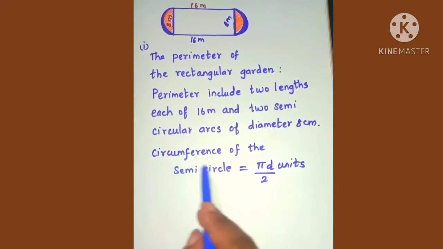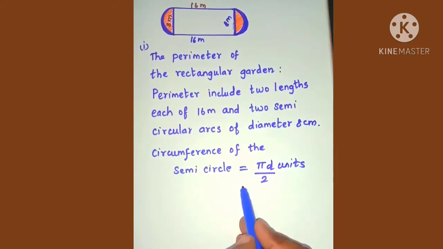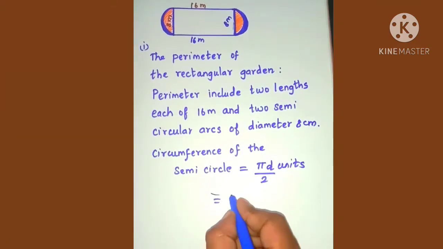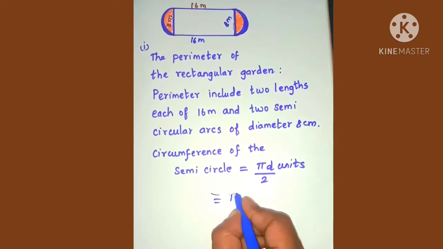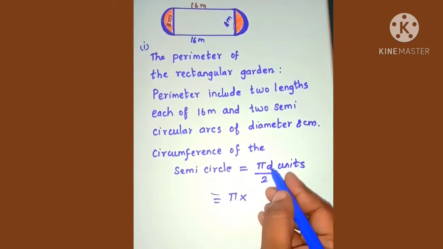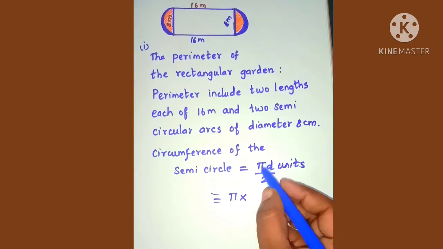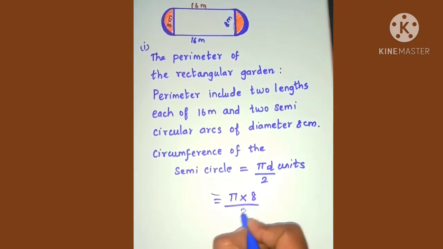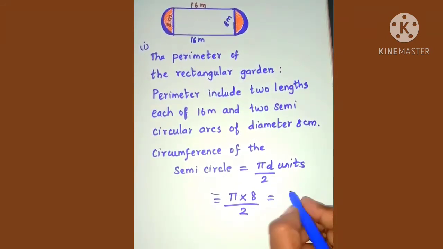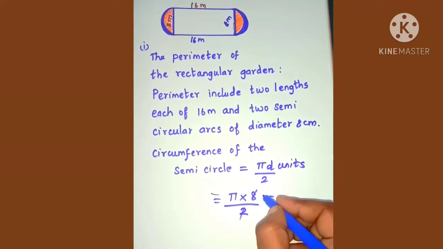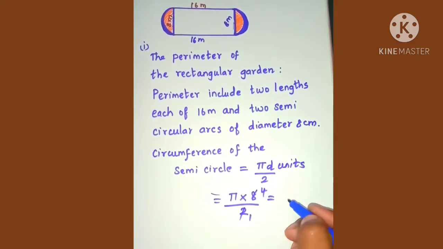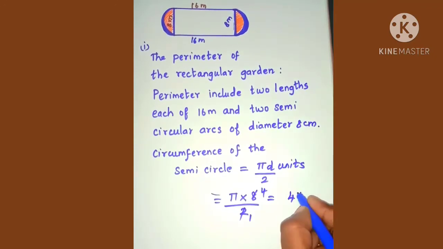So students, first let us find the circumference of the semicircle. And that is pi. So pi into d, diameter. So that is, diameter is 8 by 2. So is equal to 4 times, and here it is 1 time. So 4 into pi.